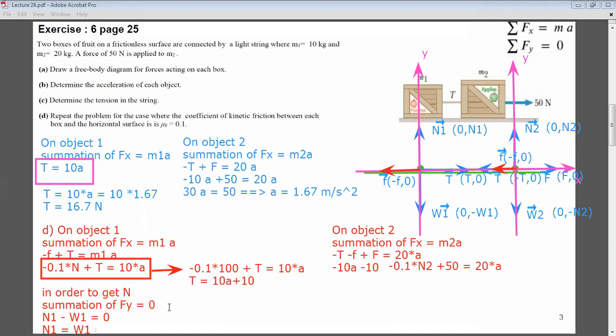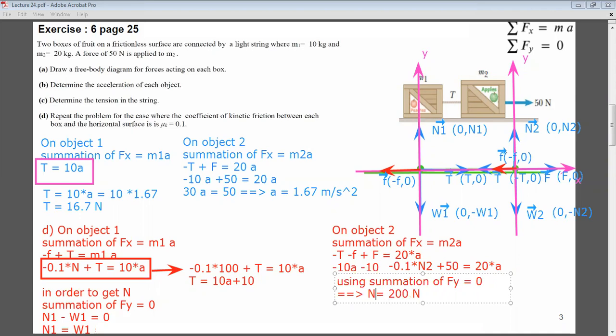To find N, I will do exactly what I did over here with the first object. So using summation of Fy equal to 0, I will get N equal to W, and this will be 20 times 10, so 200 Newtons.